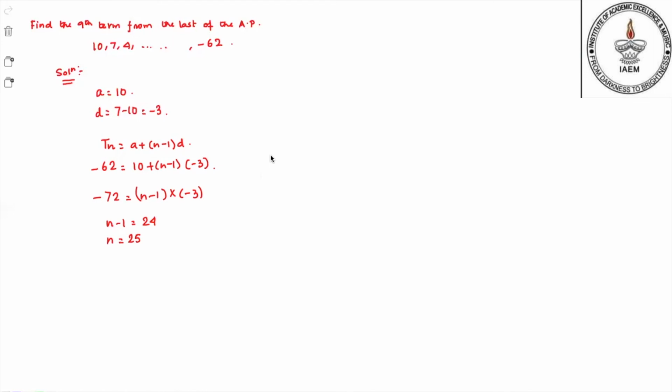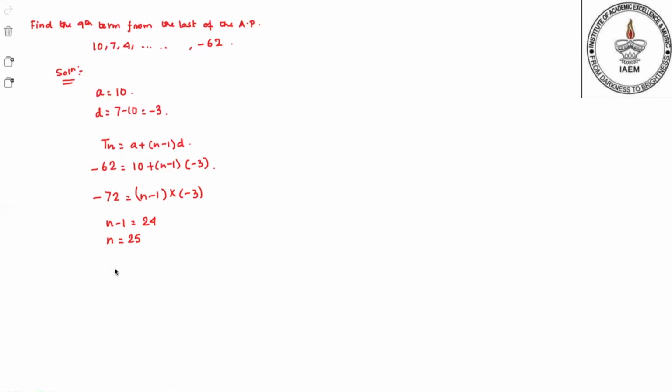Now, we have been asked to find out the ninth term from the last. If we calculate the ninth term from the last, it will be 25, 24, 23, 22, 21, 20, 19, 18, 17. So rather than counting on my fingers as I did, how do you calculate which term needs to be found?